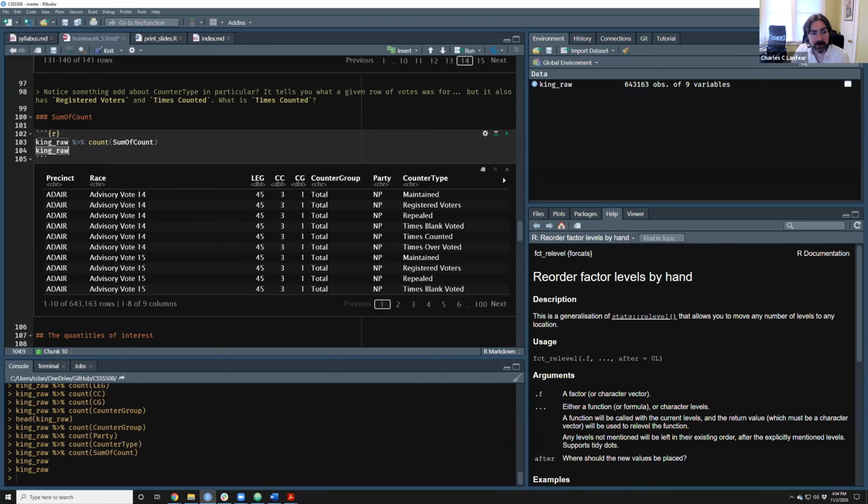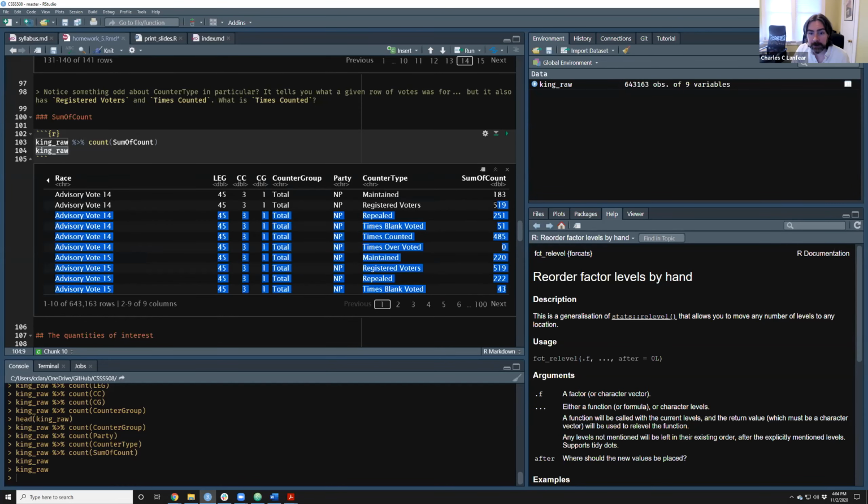If we go down to this next row, which says registered voters, what does 519 mean for this row? That there are 519 registered voters in that particular precinct who participated in that race.